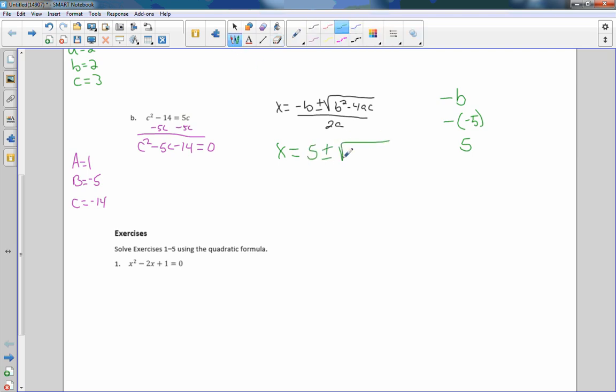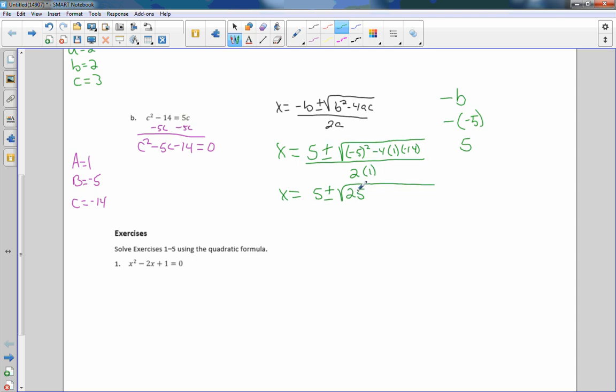Plus or minus the square root of b squared, that's negative 5 squared, minus 4 times a times c, which is negative 14, all divided by 2 times a. Now it's just simplifying. 5 plus or minus the square root. Negative 5 squared is positive 25.